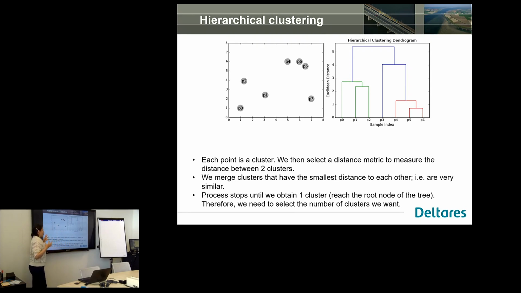Depending on your point of view, that can be an advantage or a disadvantage. In this case, you can have different numbers of clusters. So depending on what you want to answer, you can say, okay, I want 3 clusters or I want 2 clusters.